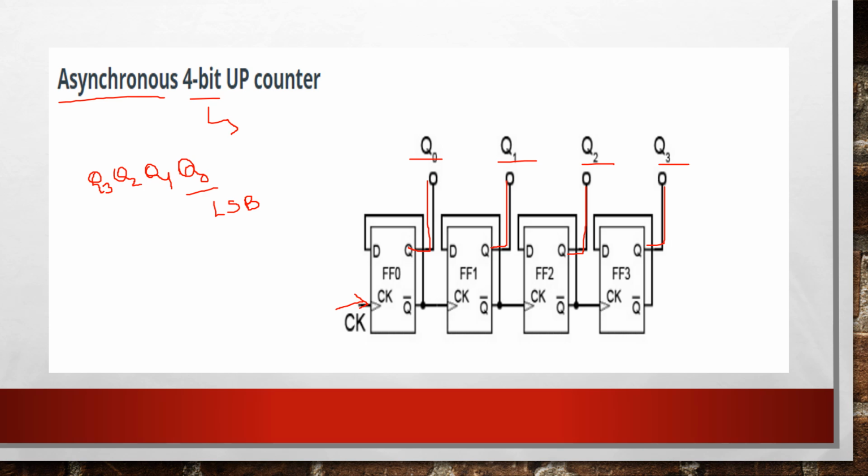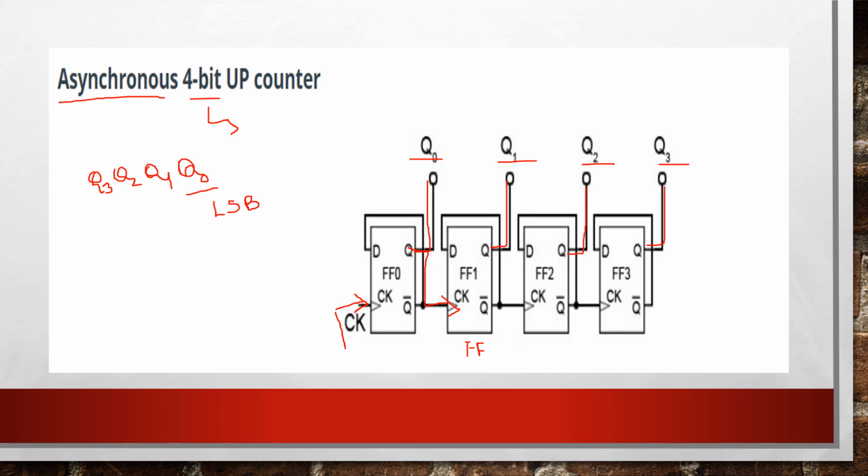For the first flip-flop, the clock pulse is given externally. For the next flip-flop, the clock pulse is given from the previous flip-flop.